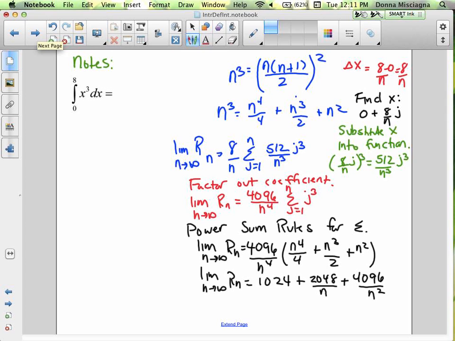And of course we know that when we take the limit, trying to think if that equal should be there. We'll leave it in. If we take the limit of anything that has an n in the denominator as n goes to infinity, that would just be 0, right? So this is going to be 1024. I'm thinking that the equals shouldn't be there.